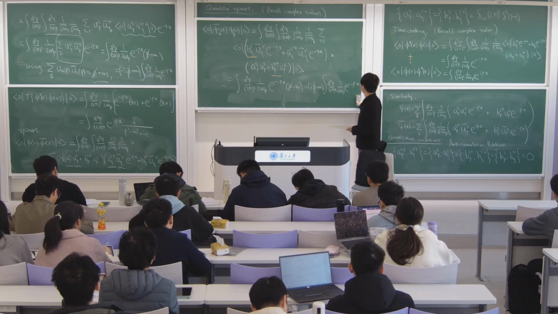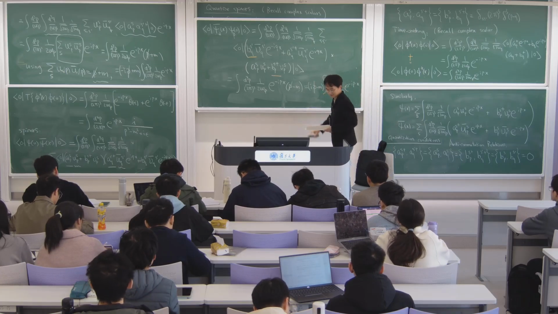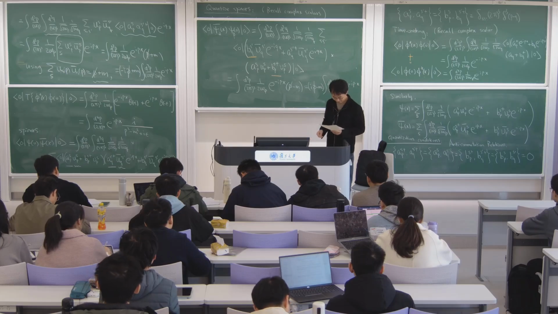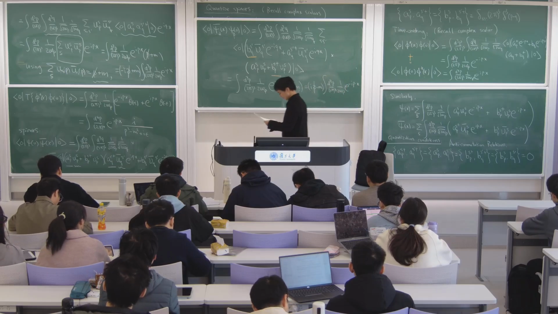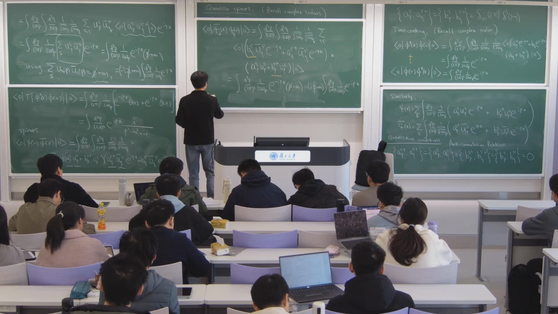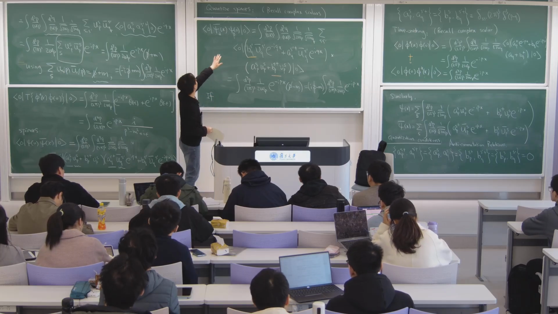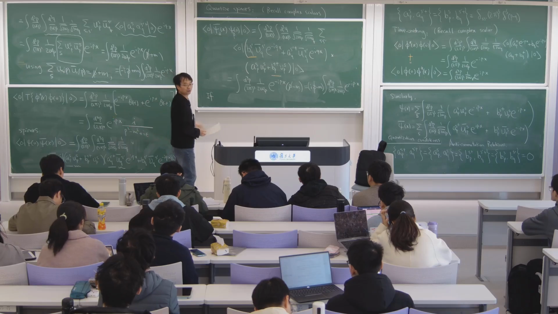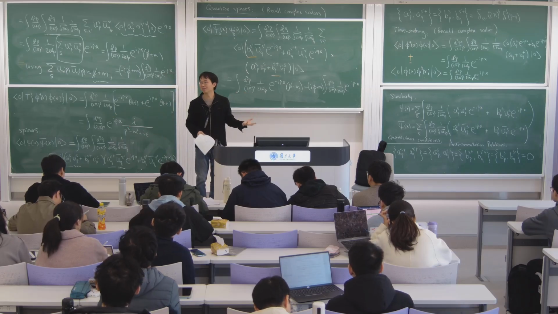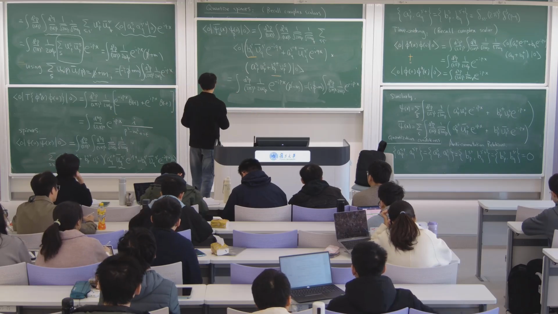Now you can see the key point. We now have two p's, both this one and this one. We can try to form a time-ordered two-point function.